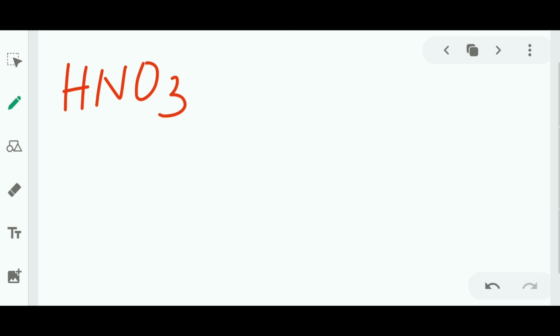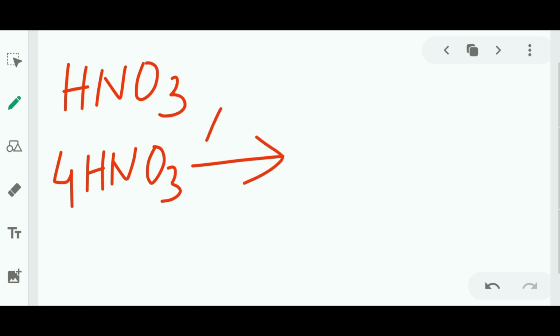Let us write the equation: 4HNO3, when heated, the sign delta, produces nitrogen dioxide, that is NO2, and also produces oxygen and also water.